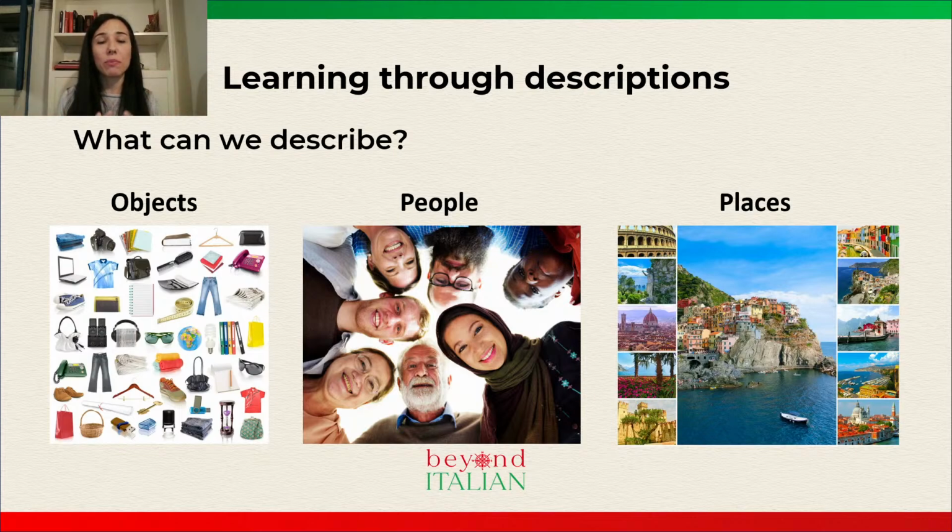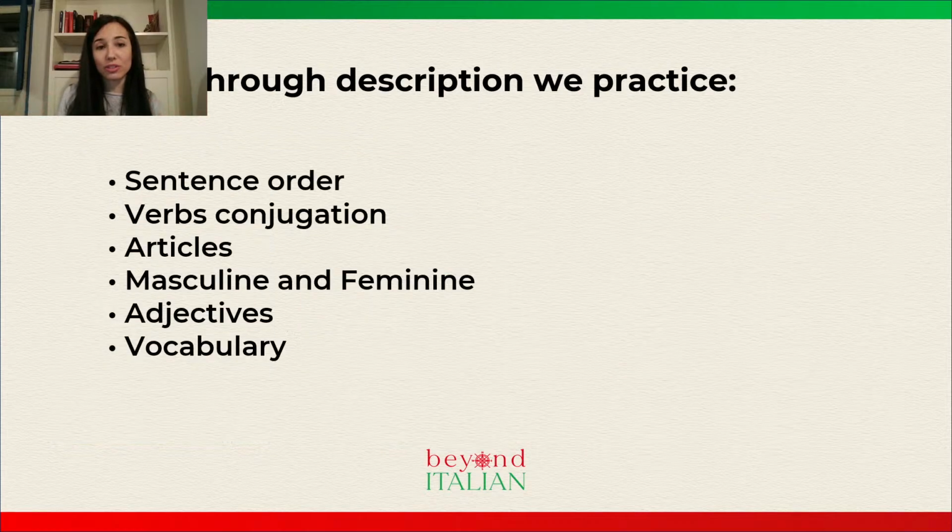So there are many different ways to make descriptions. Why do I use descriptions? Because in just one exercise, we can practice sentence order, verb conjugation, articles, masculine and feminine, adjectives, and vocabulary. So all the basic grammar we learn in the first phase of the course.